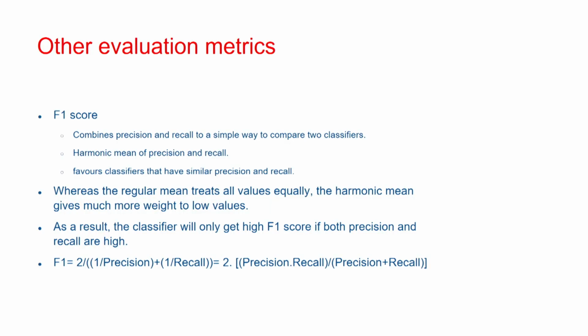That is why F1 score is defined as the harmonic mean of these two metrics, precision and recall, and the formula for F1 score is 2 upon 1 upon precision plus 1 upon recall, and then we can simplify it and get the final expression.